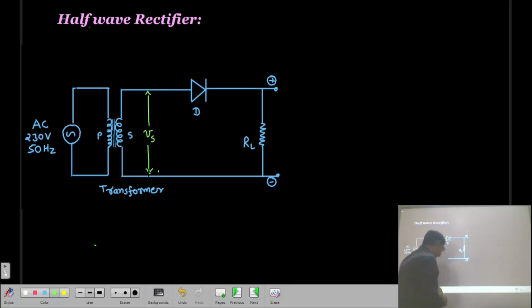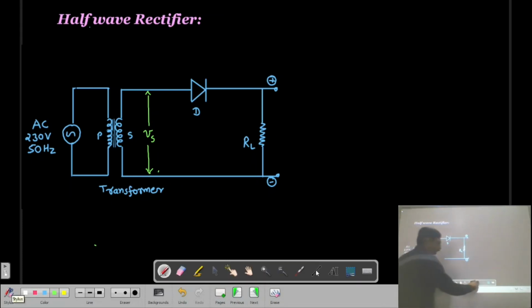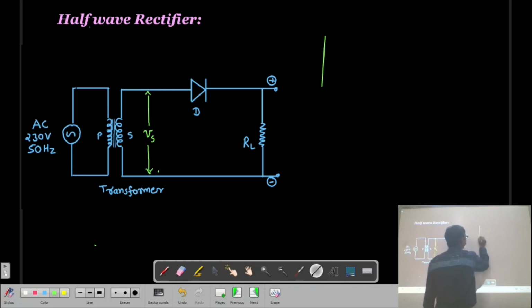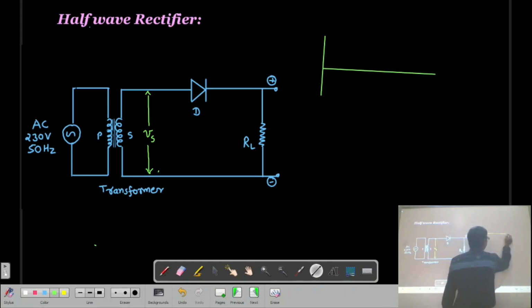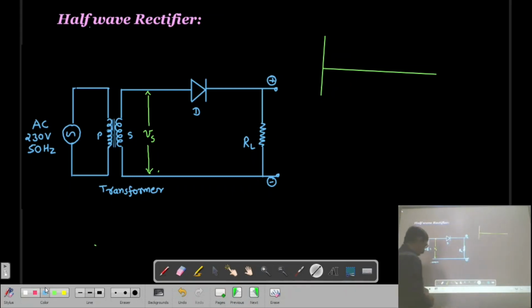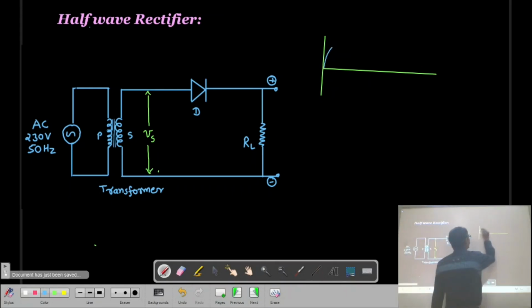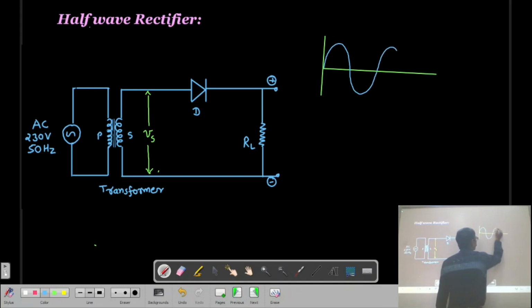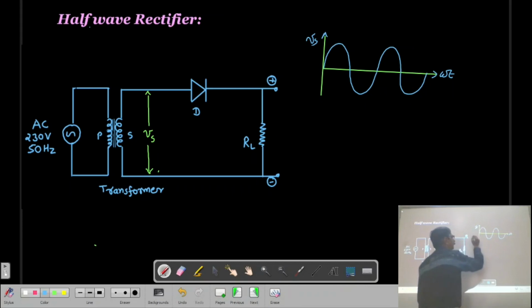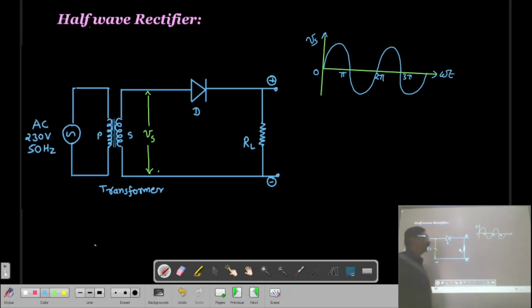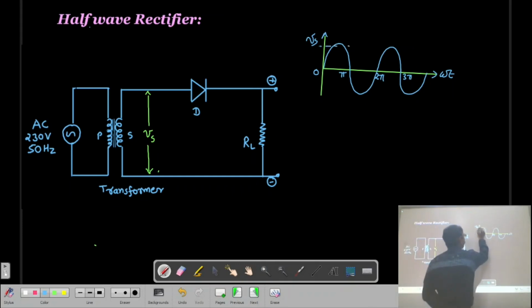If you see this waveform, this is omega t representing the angle, and this is my secondary voltage, with 0, pi, 2 pi, 3 pi, and this is known as the maximum voltage Vm.